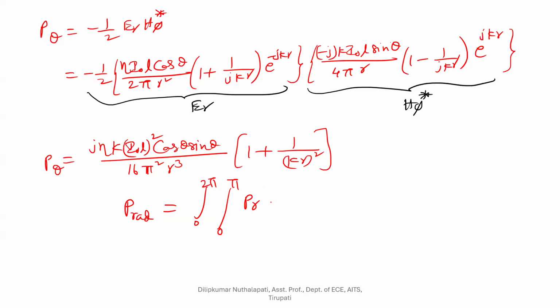P_r is representing the radial component, and r² sin θ dθ dφ is using the spherical coordinates for the closed surface being considered here.